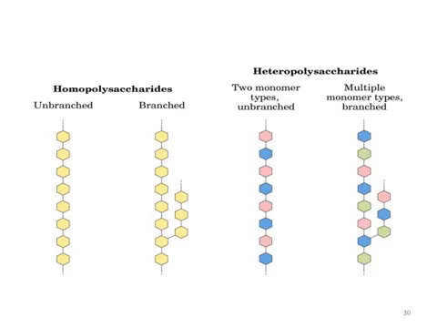Here you can see the structure or the conformation of the homopolysaccharides and the heteropolysaccharides. You can see that the homopolysaccharides may be branched or unbranched, but formed with the help of the same type of sugar units.